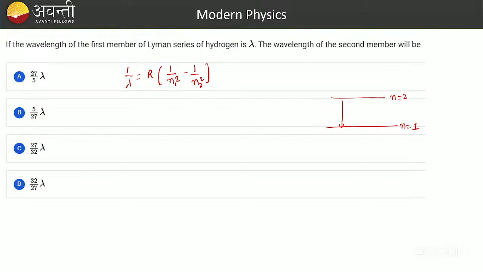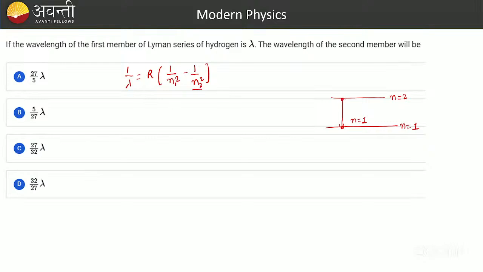So for the very first member of the Lyman series, n1 will be 1, because the transition is happening to 1, so n1 will always remain 1. n2 is the final excited state.